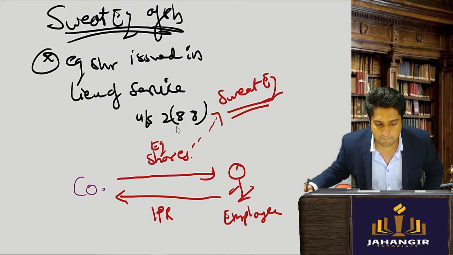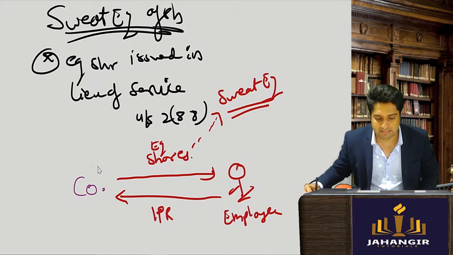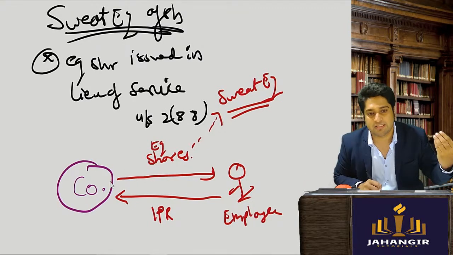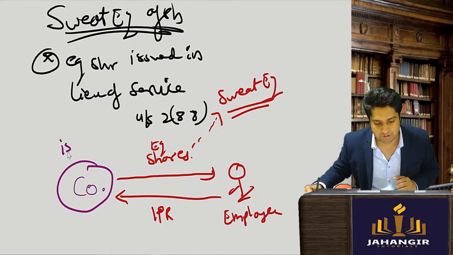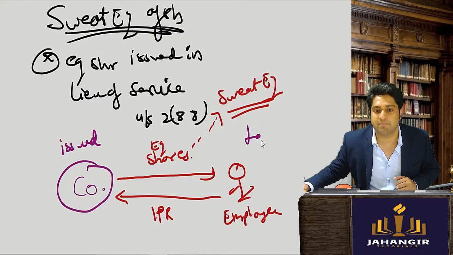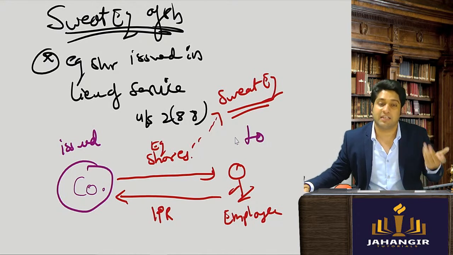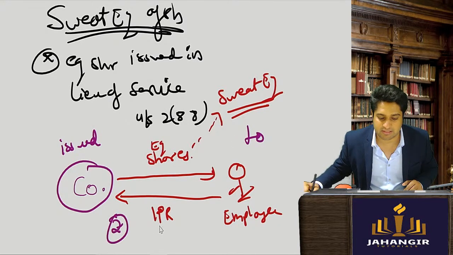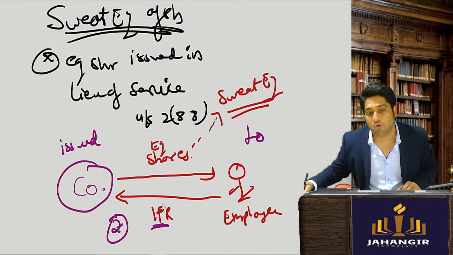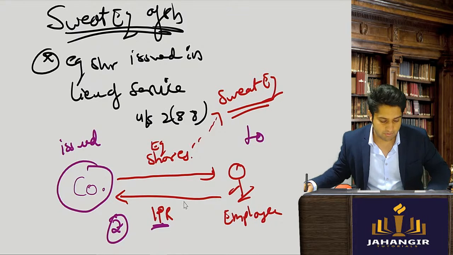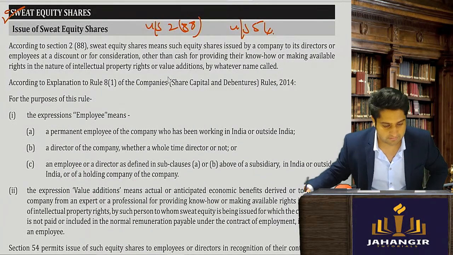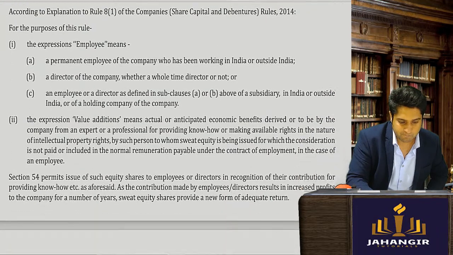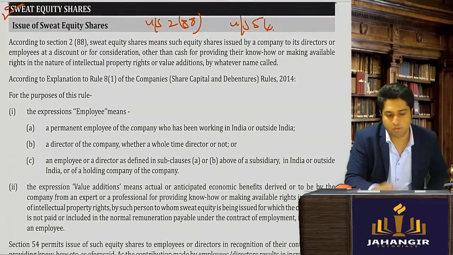Now, how do they word it? They say equity shares issued by the company to the employee for consideration other than cash, for providing technical know-how, value addition, or whatever name called. Clear till here? So that is what sweat equity shares mean. And then they tell you who is an employee.